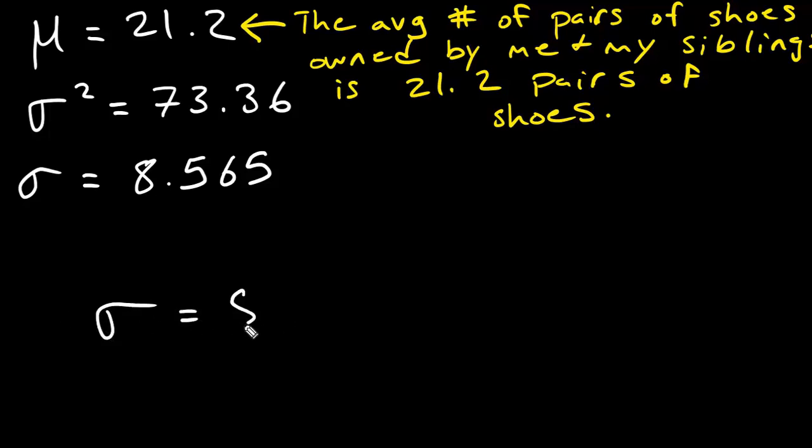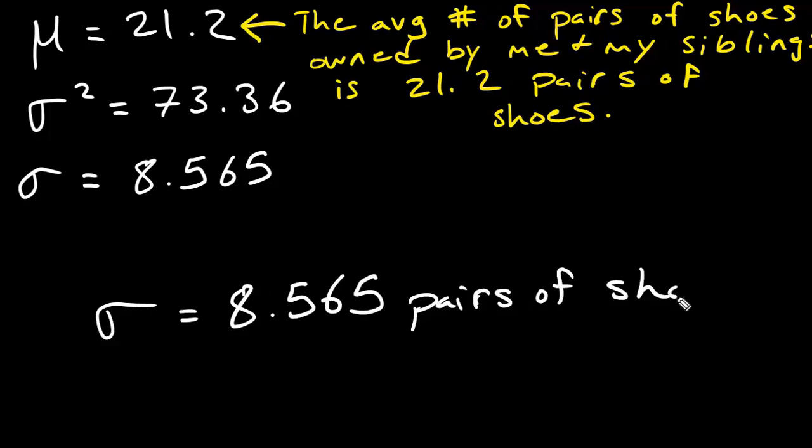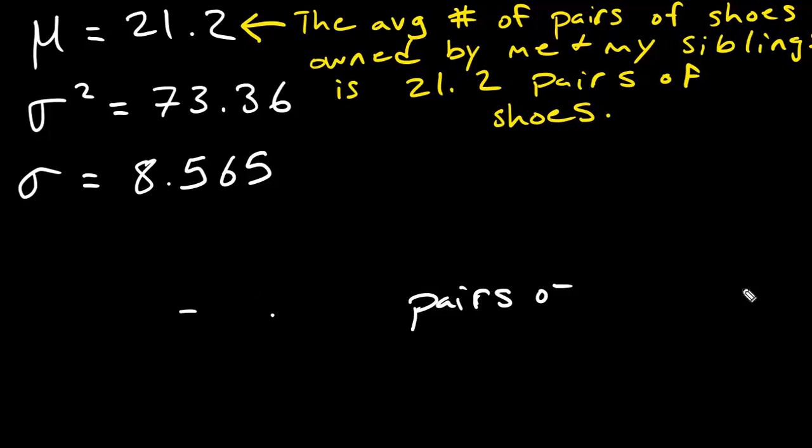So 8.565 pairs of shoes. All right, so we're not squaring that unit of measure, we're leaving it as it is. So when we go to interpret this or kind of just state what it's telling us, we could state something along these lines, right?